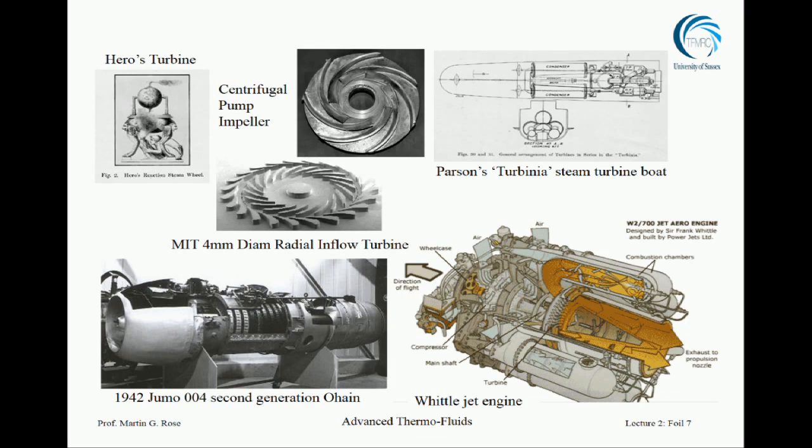It didn't work, it wouldn't even turn. It's made out of silicon, using silicon chip manufacturing techniques to get the detail of the aerofoils. It was designed to run at 2 million RPM, but it didn't run at all because they got the heat transfer wrong. But details can be looked up if you're interested.